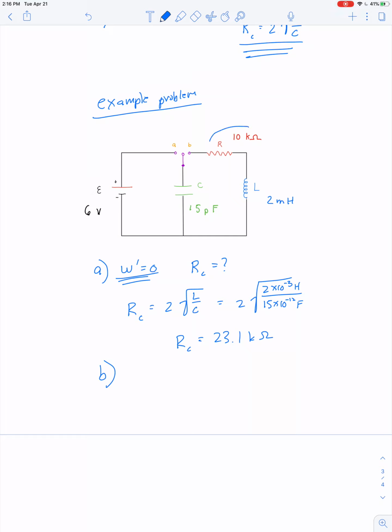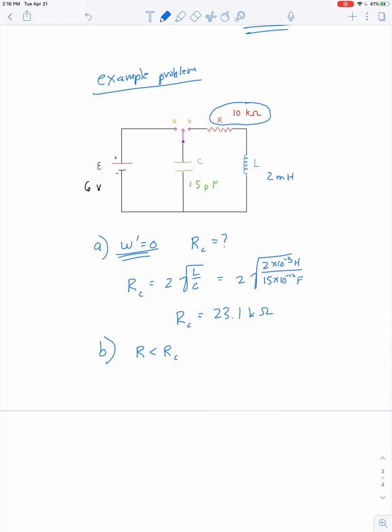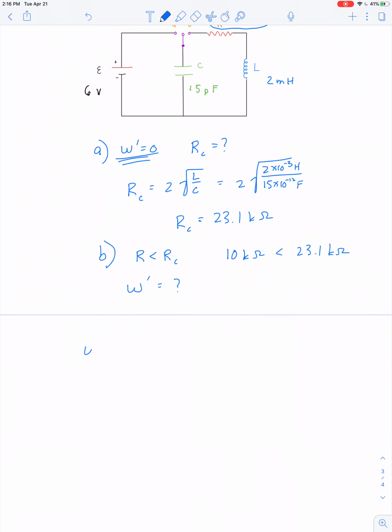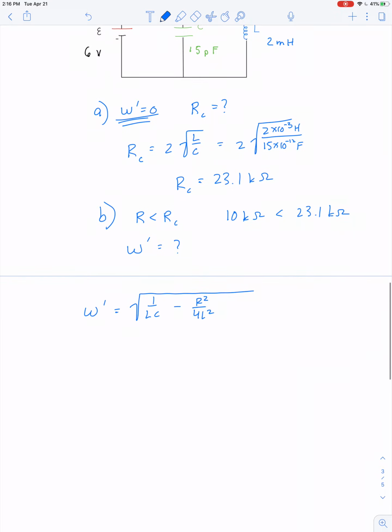Well, here's part B of our example problem. We're told that the resistance is less than that. The resistance is less than the critical value that creates critical damping. In fact, the resistance is 10 kiloohms as opposed to 23.1 kiloohms. So the question is, what frequency of oscillation would you get for this circuit? The frequency is the square root of 1 over LC minus R squared over 4L squared.